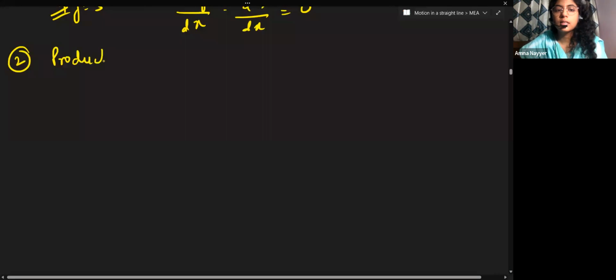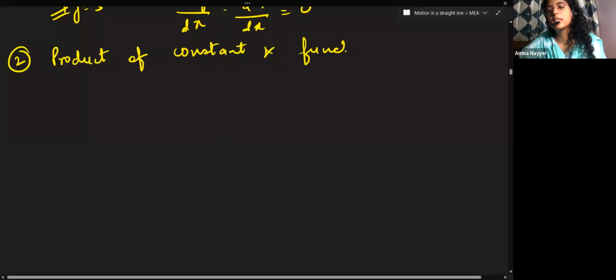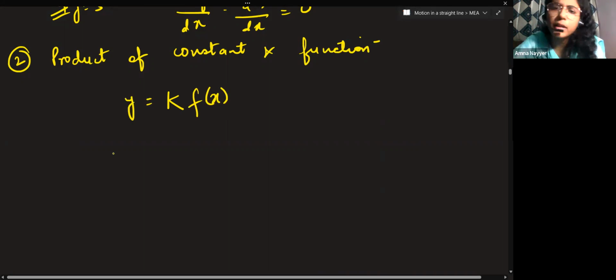If you have a certain function, then you already know how to solve it. So the product of constant and function means y is equal to k times a function, means a constant number is also there, as well as you have the whole function with you. Function means whatever is given, like y is equal to x to the power 3 or any polynomial function. K is a constant number that is given.